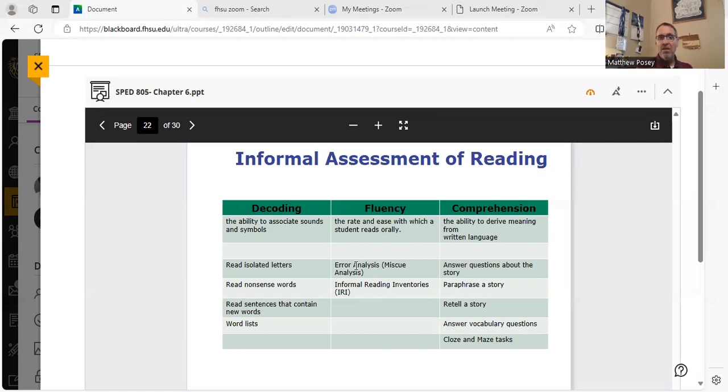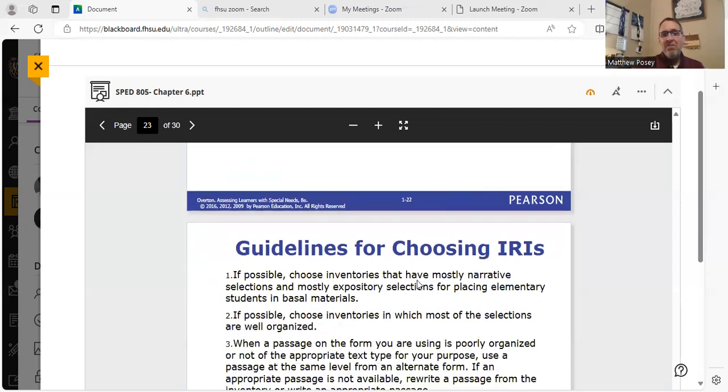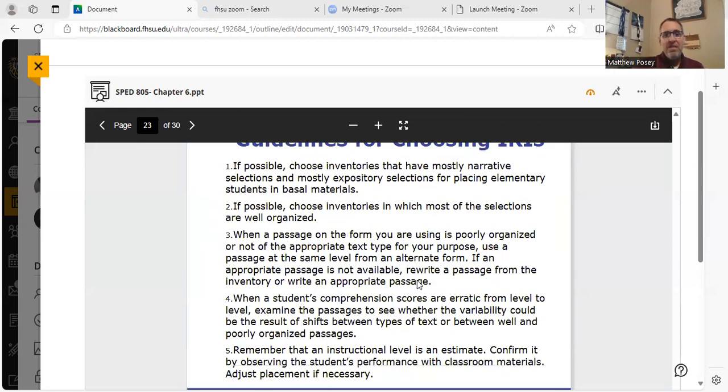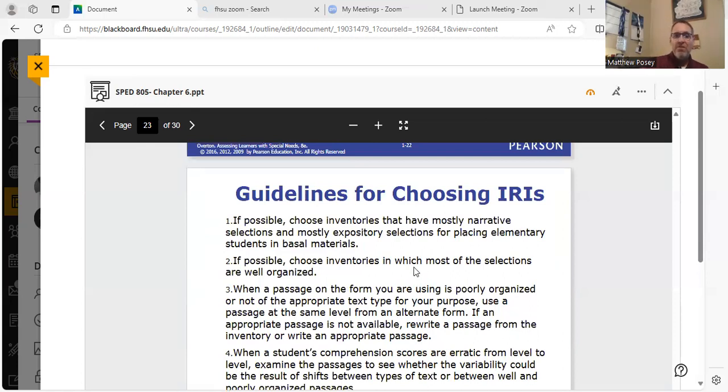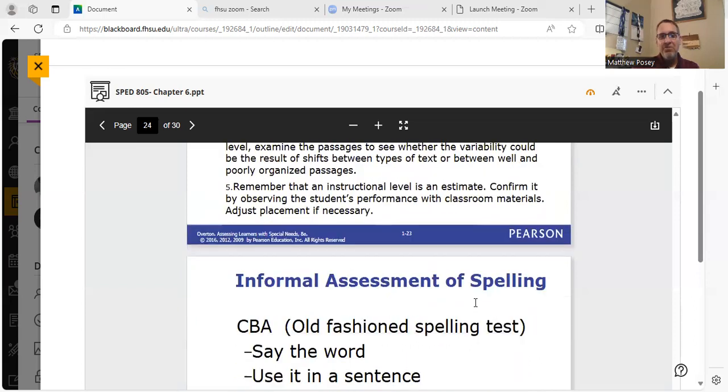And third, comprehension, the ability to determine meaning from content and to go back and tell us what exactly the content or information is trying to relate. Just some guidelines for doing informal assessment for reading: if possible, you can do inventories that mostly provide a narrative. Also, you can take a passage, have them do a short read, and then give back some information to determine if they truly have basic understanding.